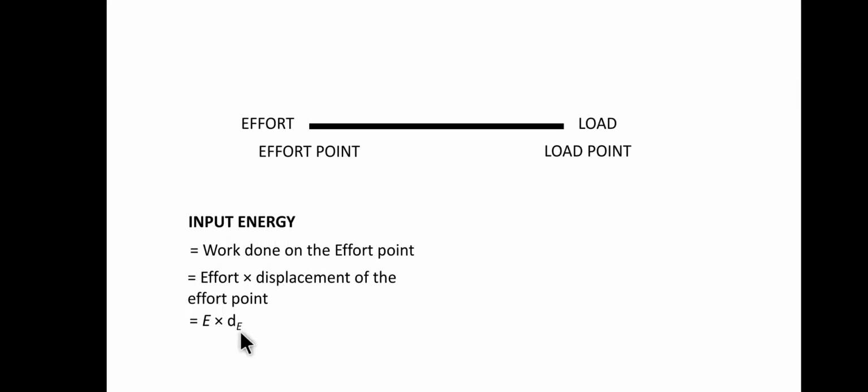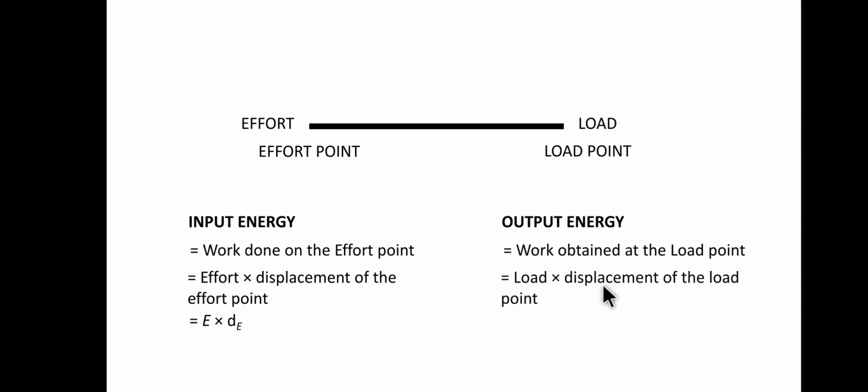Similarly, at the load point, we will get the output energy. This output energy must be equal to the work obtained at the load point. Here also, work obtained must be equal to force into displacement.